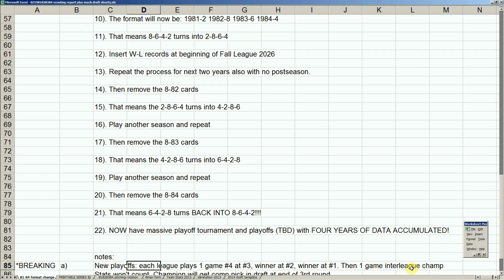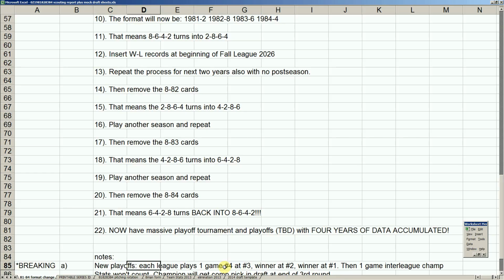And then you have an interleague game, and then you could just assume that that team has bragging rights for that abbreviated fall league interruption. You could say this is the players organizing their own little round of baseball during a strike, I suppose. So this will actually be an interesting broadcast.